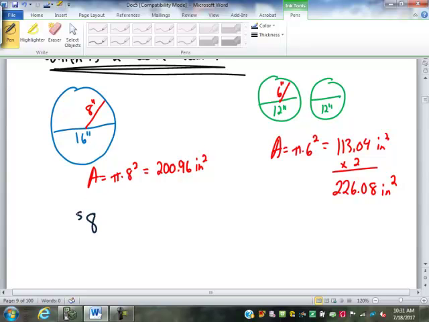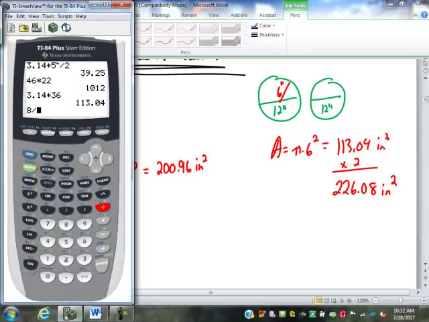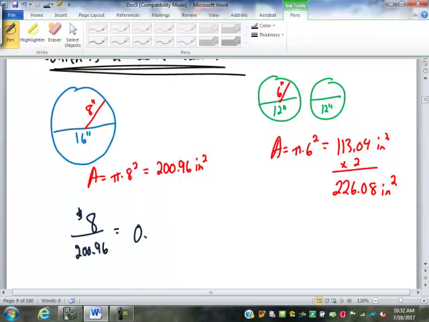So here I'm going to take the $8 divided by 200.96 square inches, which is 0.03, and so it's actually 0.04 is what it comes out to be, almost exactly, right? So 4 cents per square inch.